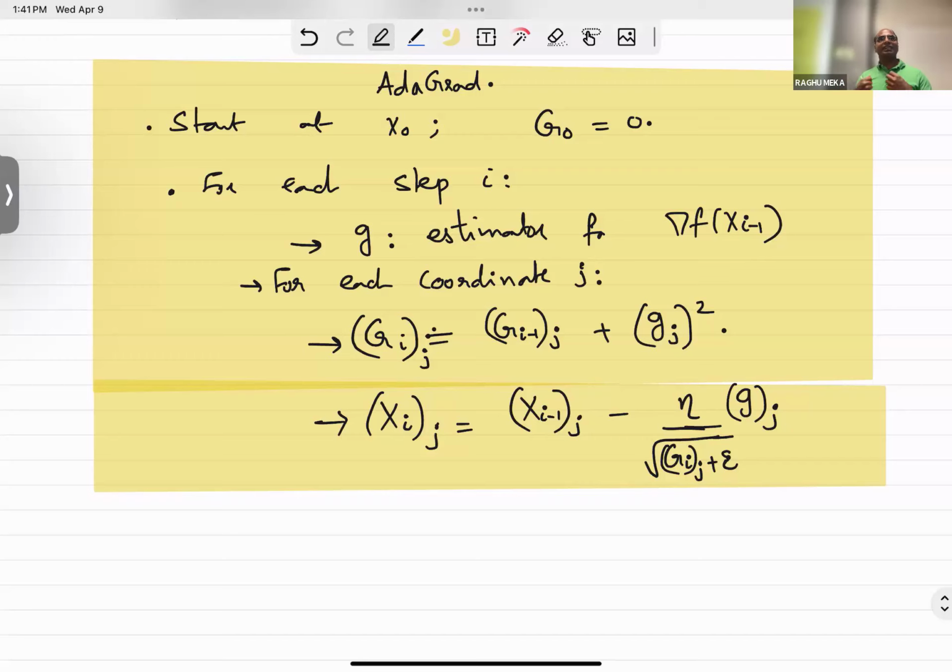So all we are doing is taking gradient descent, but we have individual learning rates for each coordinate that we are calculating. We cannot do a search anymore because we have millions of parameters, but they're calculated by this simple form. If a coordinate has a lot of fluctuations in the gradient, then its step size is going to go down over time.